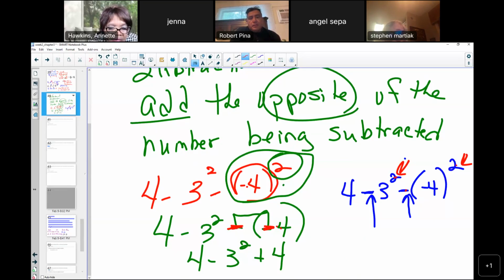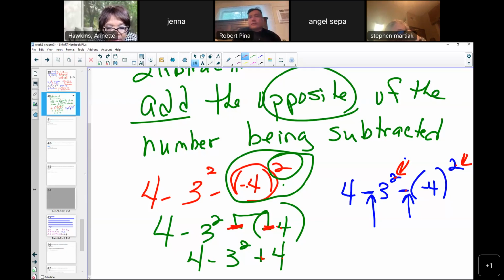The definition of subtraction says add the opposite of the number being subtracted. The number being subtracted is negative 4. So the opposite of negative 4 is a positive 4. We're just recognizing that when two negatives come together, they cancel. But the reason they cancel is add the opposite of the number being subtracted.